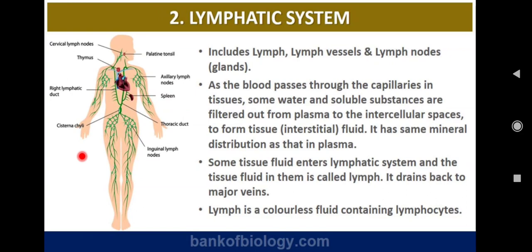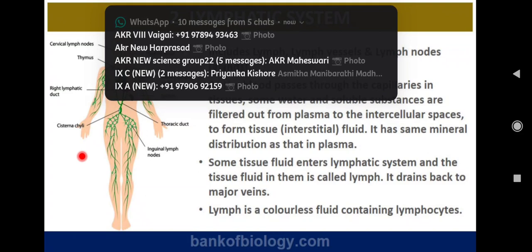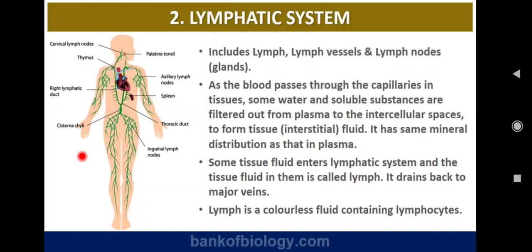Some of the soluble substances and water which are filtered from the capillaries stay in the intercellular region, and later it will mix with the lymph, in the lymphoid system. It drains back to the major veins.